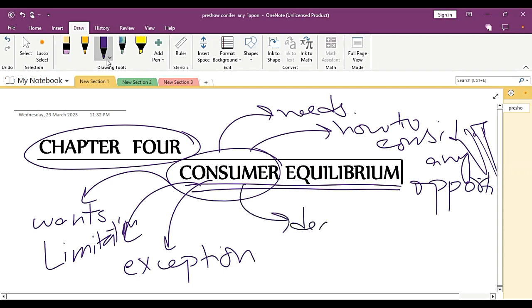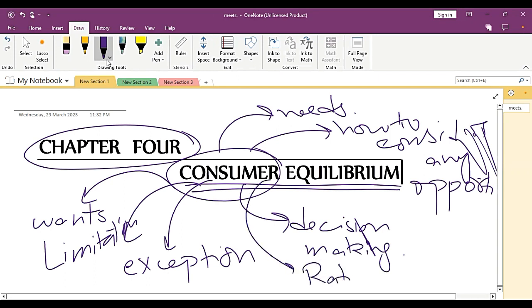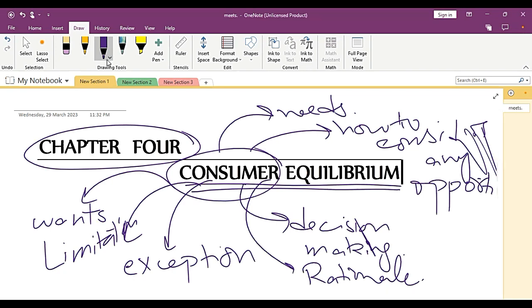Its decision making, how he makes decisions, and how he wants to rationalize or achieve its objectives through the utilization of limited resources and fulfilling its unlimited wants.